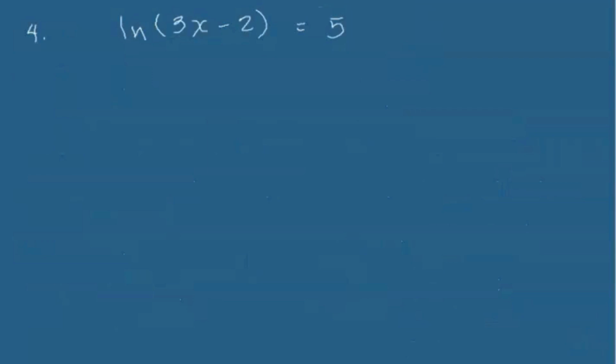Let's have this: ln of 3x minus 2 equals 5. So ln is the natural logarithm with the base e. So let's change this to exponential. So this would be e raised to the 5th power is equal to 3x minus 2. So let's transpose negative 2, or we add 2 on both sides. So that would be e to the 5th plus 2 is equal to 3x.